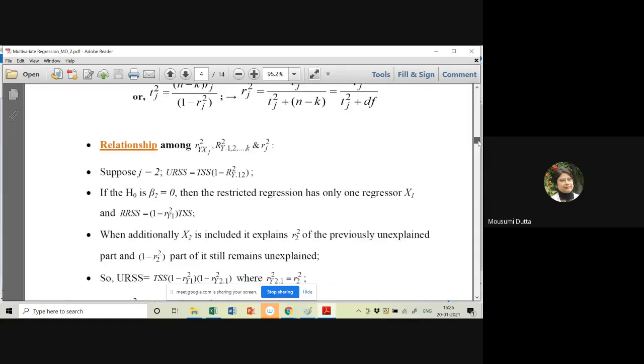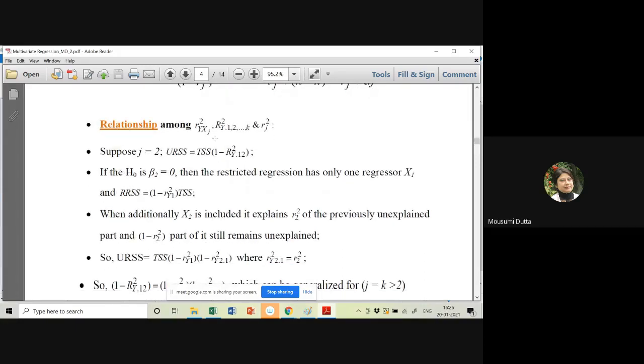Next, we would like to find out a relationship between simple r square, multiple r square, and partial r square. We want to establish a relationship between simple r square, multiple r square, and partial r square. To begin with, we are considering one model where the number of explanatory variables is 2. Suppose j is equal to 2. Number of explanatory variables we have in our model is 2.